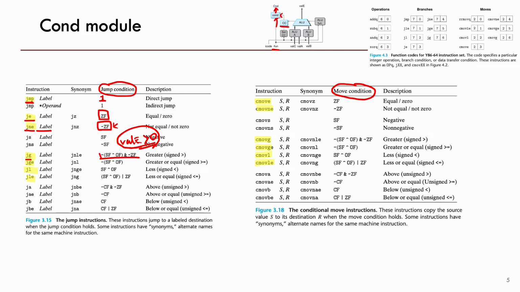So we output a signal 1 if this condition is true, and we do the same for the later jump instructions. Also, if the current instruction is a move instruction, then it will output signal 1 for the C move E instruction if this move condition is true.